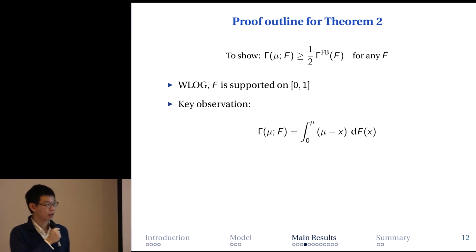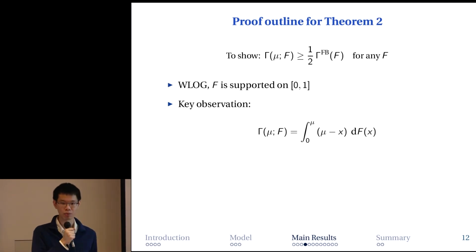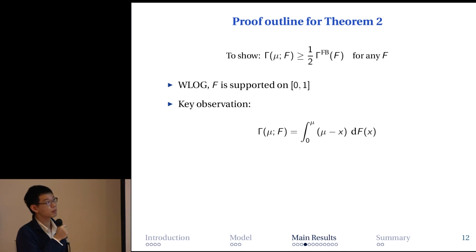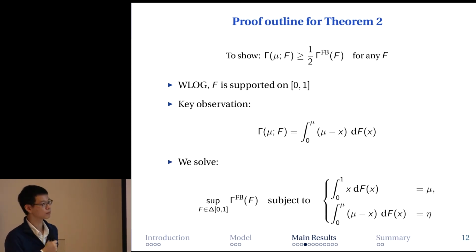Now, the observation that we use here is, again, one that expresses the expected gains from trade under the mean price mu as an integral. And we want to approximate gamma fb by gamma mu and show that this approximation must be at least 1/2.